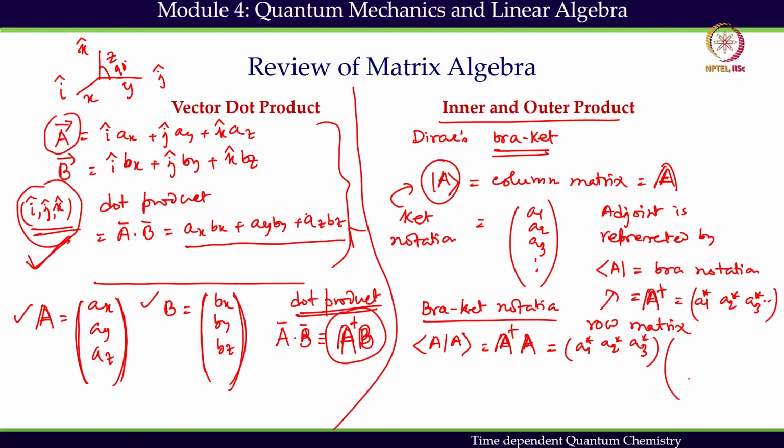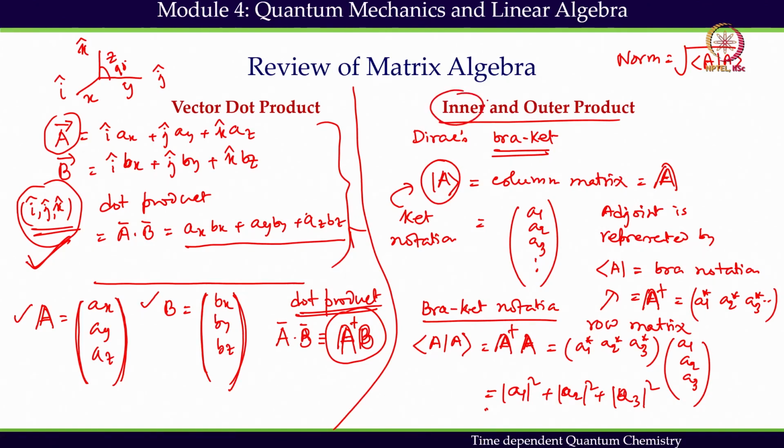Let us assume that I have 3 elements, then A1, A2, A3. I multiply, I get A1 square plus A2 square plus A3 square. And the norm is given by the square root of this inner product. The square root of the inner product gives me the norm. This is what we call the inner product.